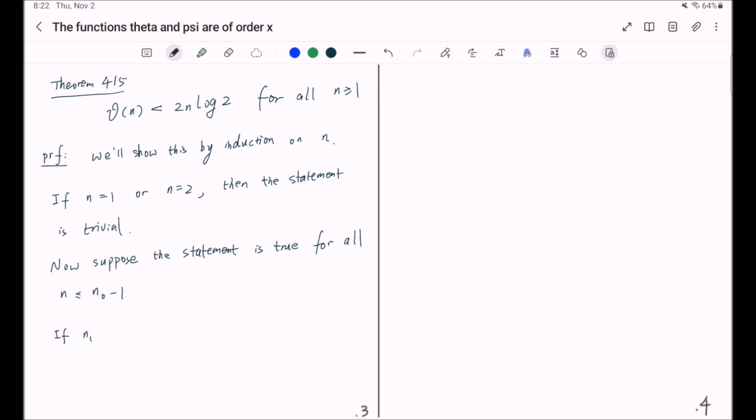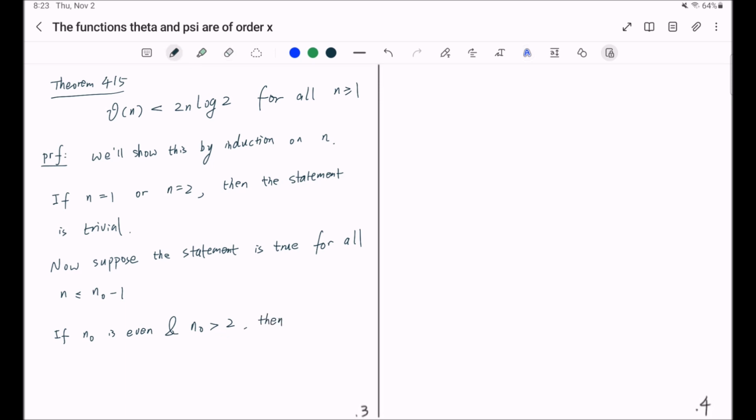If n naught is even, and n naught bigger than 2, because we have already seen trivially that when n is equal to 2, we have this inequality. So now let's focus on the case when n naught is bigger than 2.